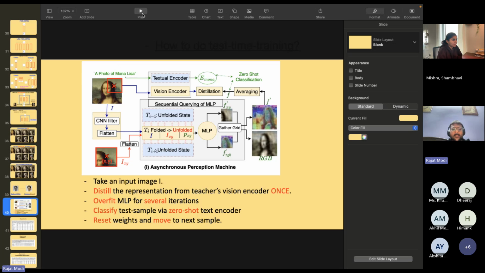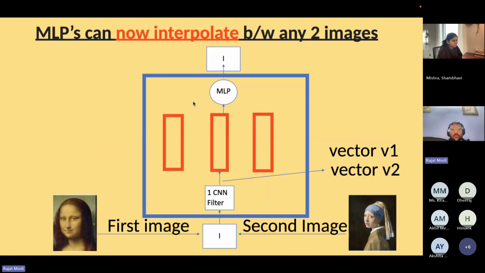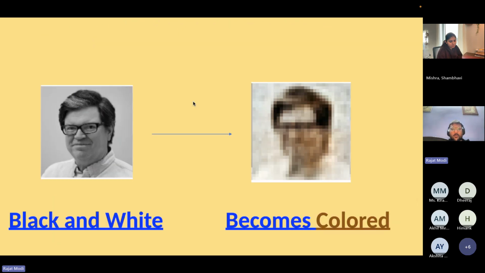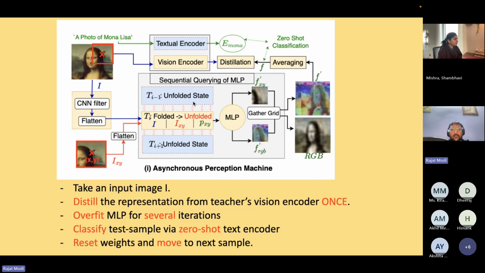So we have seen that you could train this network on a lot of images. But now let's talk about a new property, which is that you can train this network on just one sample, which is a property no other architecture can offer. Let me explain how to do test time training using this architecture. We have a teacher and a student.